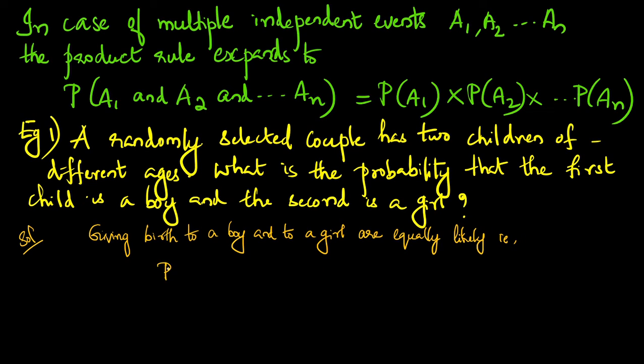Therefore, the probability that the child is a boy is equal to the probability that the child is a girl. Since there are two outcomes, therefore the probability is 1 by 2. That is equal chance.